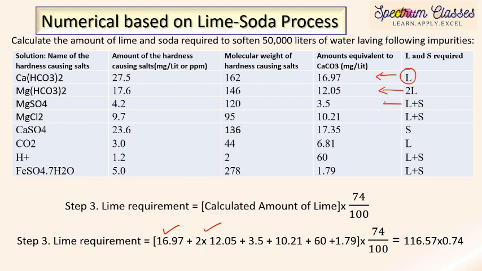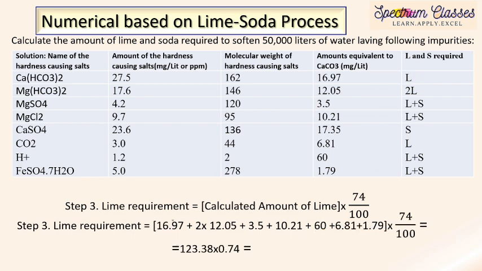Next is 3.5, 10.21. Next is 6 point plus 6.81, and then 60 plus 1 point. Here this is 60 and this, right? And here we are having this much.